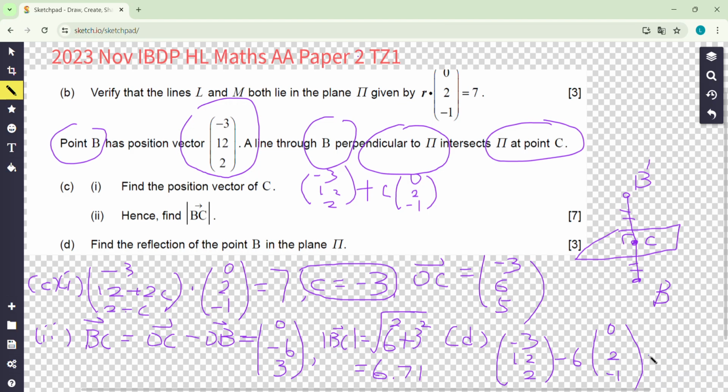And then after the calculation, you find out it is a -3, 0, 8, but be careful, it is a vector form. And then you said that the point B, the reflection, so you do write it down in the coordinates. So it's a -3, 0, 8. Got it? Well done.